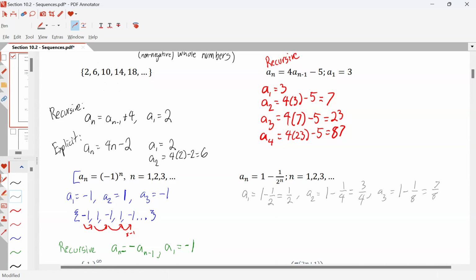You might want to try a few more terms, but the sequence ultimately will then look like 1/2, 3/4, 7/8, 15/16, 31 over 32, and so on.